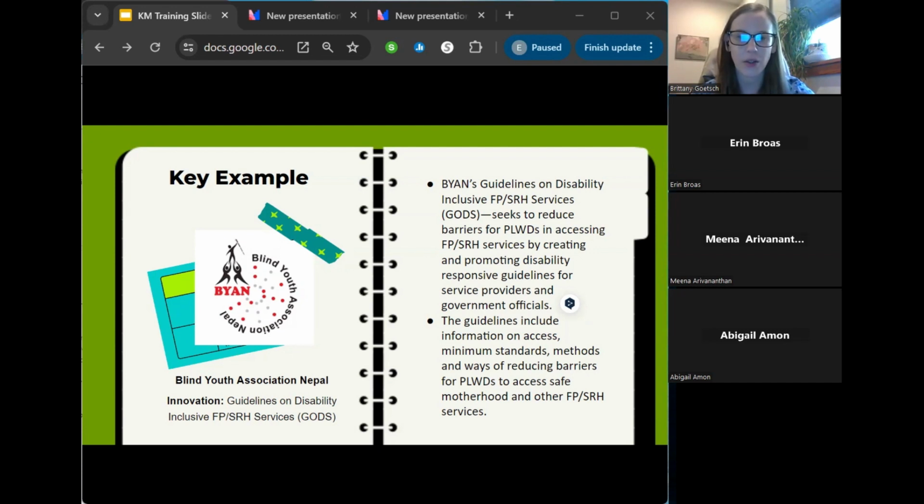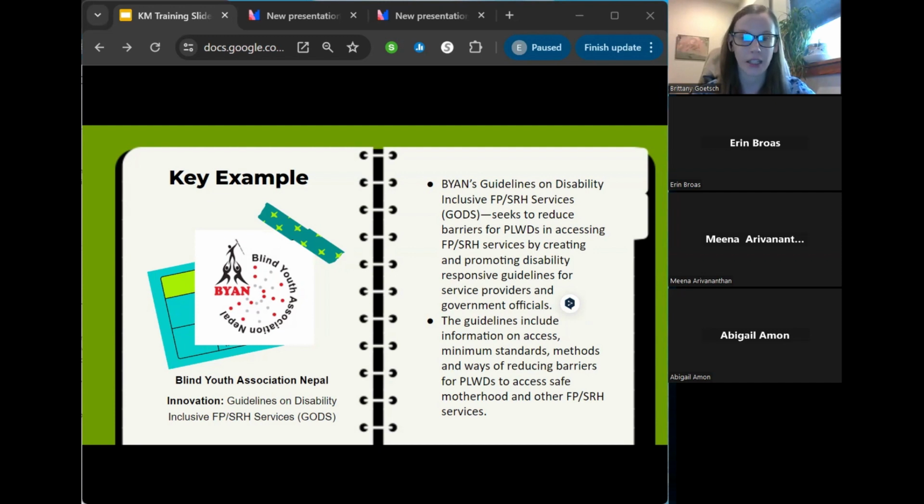So the Blind Youth Association Nepal was able to develop these guidelines to address a gap among young people in Nepal that, despite having certain rights, feelings, and sexual desires and needs, people living with disabilities in Nepal often have their family planning, sexual and reproductive health needs unmet.